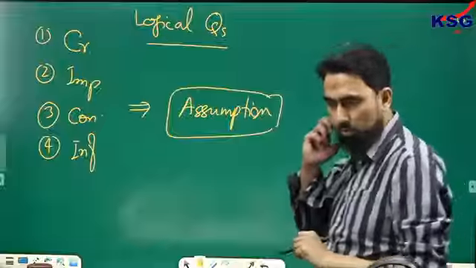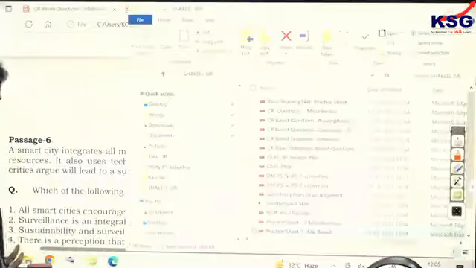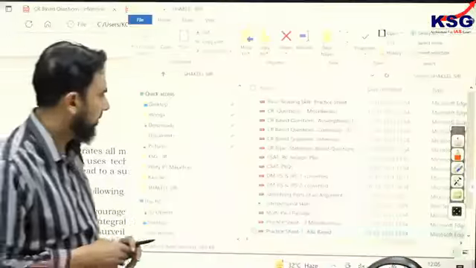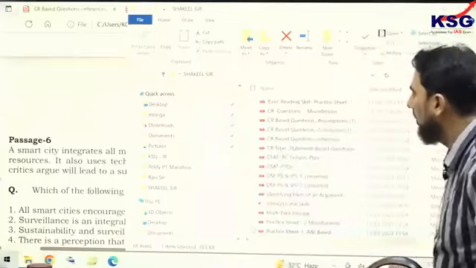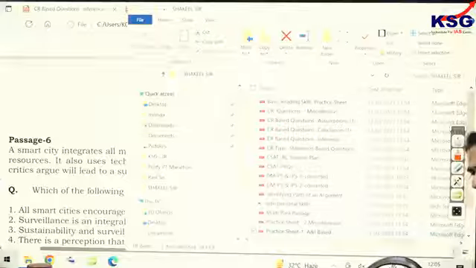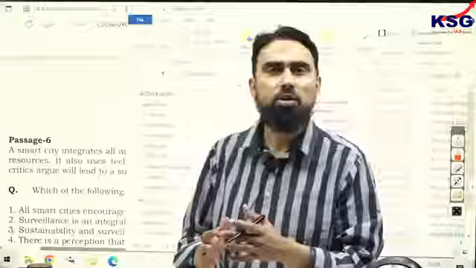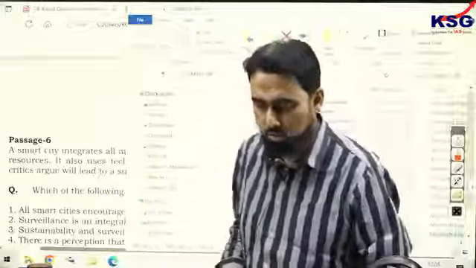But before I take up these questions, I want to show you that UPSC earlier, before the exam was qualifying, used to ask some decision making questions, and they are really interesting in the sense that the basics of RC are also applied here: how well you have read the given situation and the minute details, and then you are supposed to choose the best option.